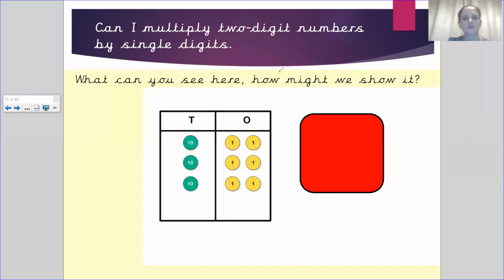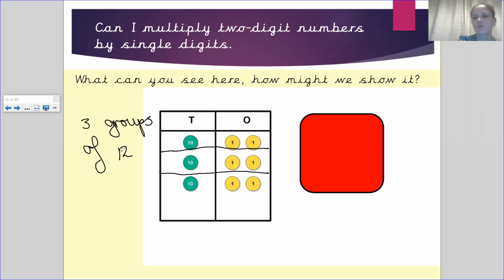If we look at this question, we can also see that if we group it together with a line here, sorry, my line isn't very straight, and a line there, we have 3 groups of 12. So we have 3 groups of 12.